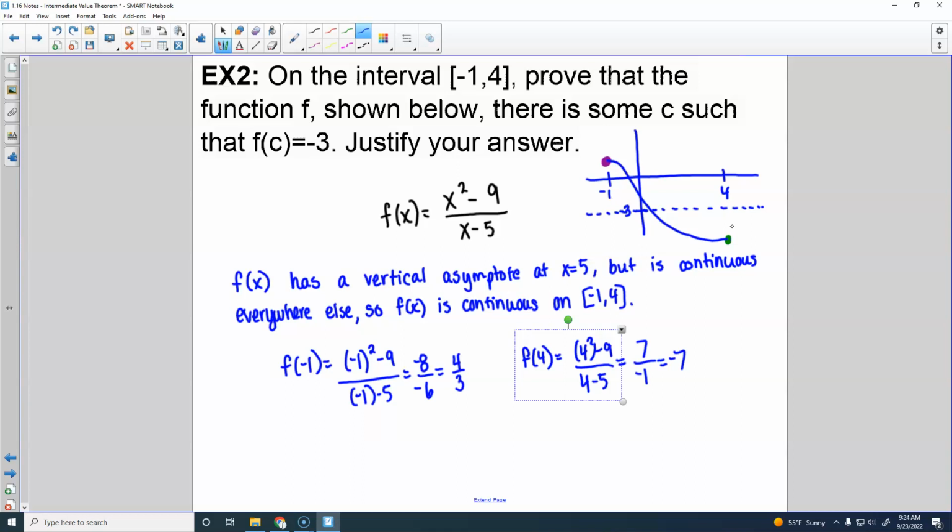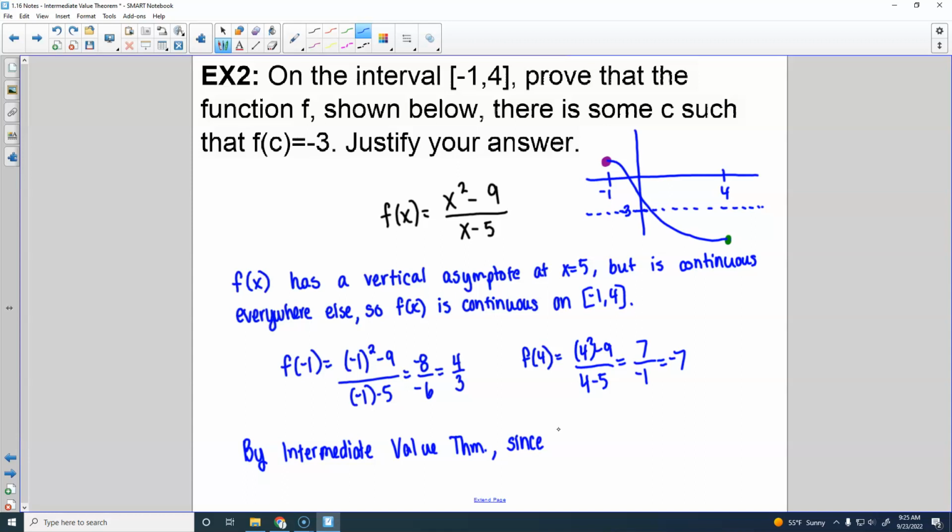So we can say by the intermediate value theorem, since, now, careful right here.